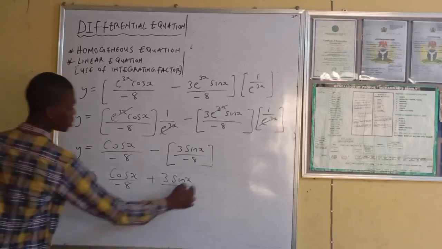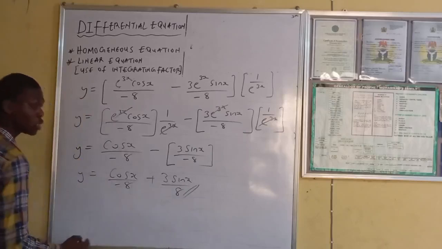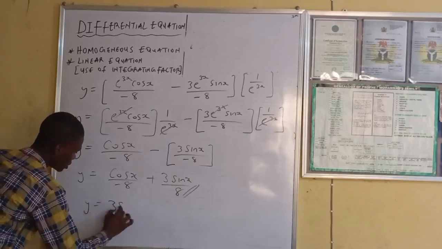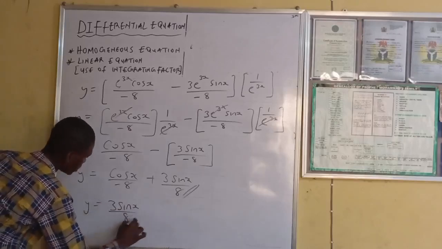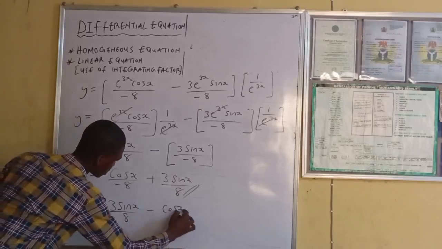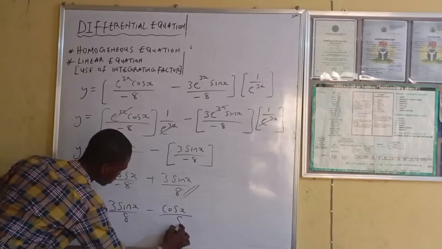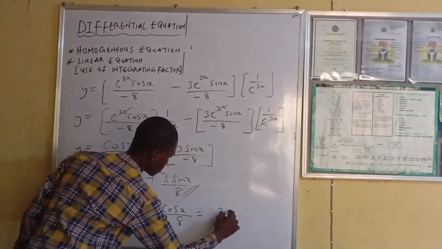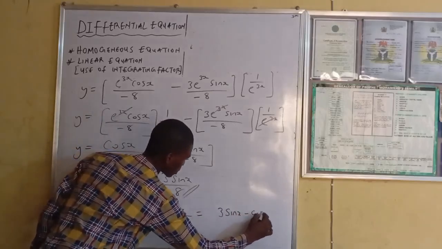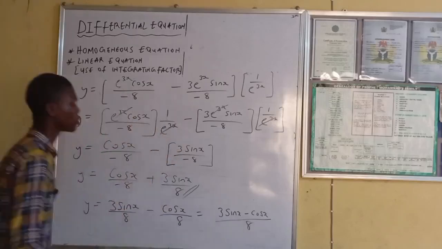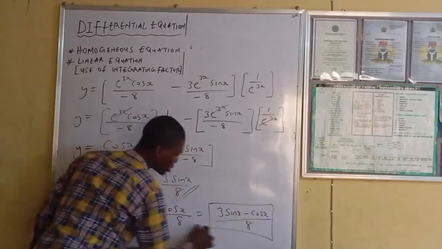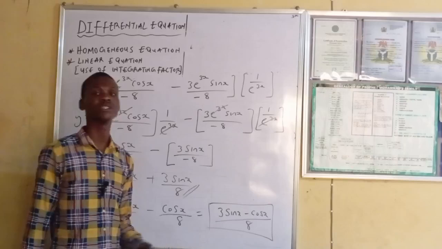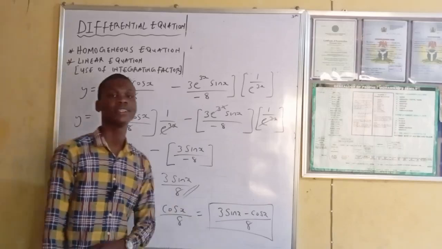Rearranging y, this is your final answer, but you can rearrange y, bringing the positive term first, meaning y equals 3 sine x divided by 8 minus cos x over 8, which is equal to 3 sine x minus cos x over 8. So, meaning from the differential equation, this was the function of y that was differentiated. So that's it. That's how it works.